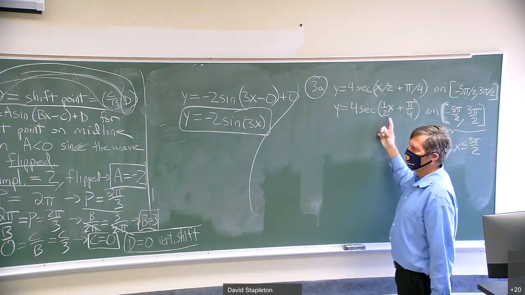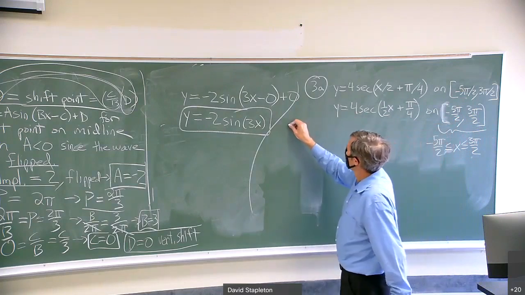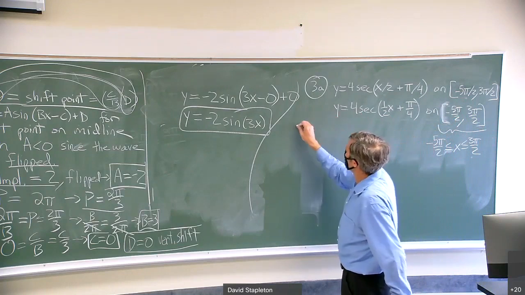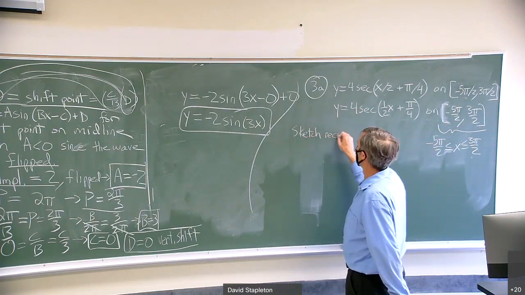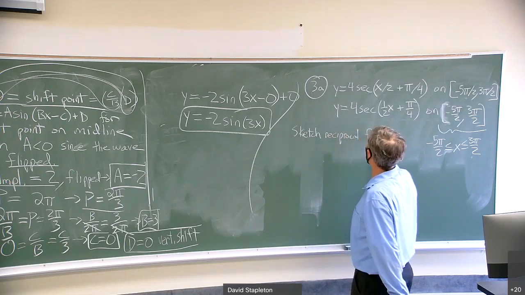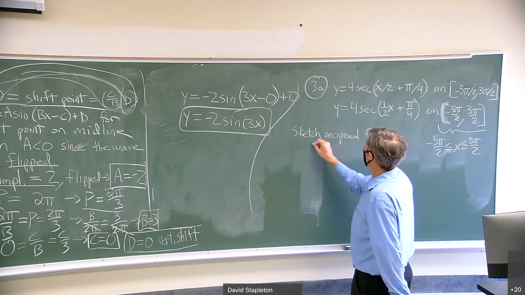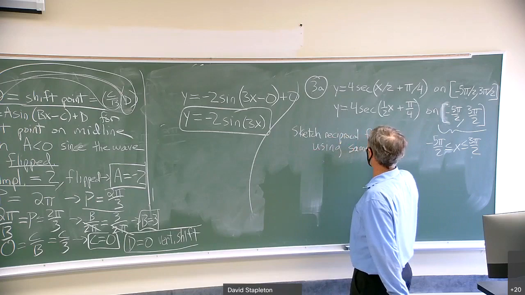This one is no harder than the first problem we did. Here's why. To sketch a secant or a cosecant, you first sketch its reciprocal function using the same letters. So this is like problem 1, except with a cosine.